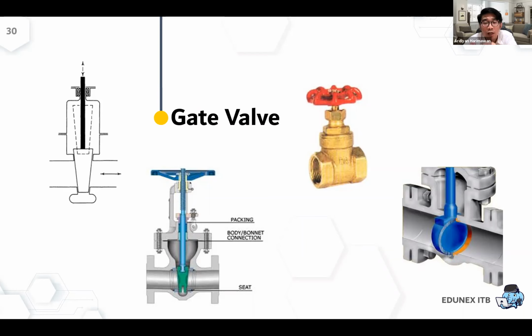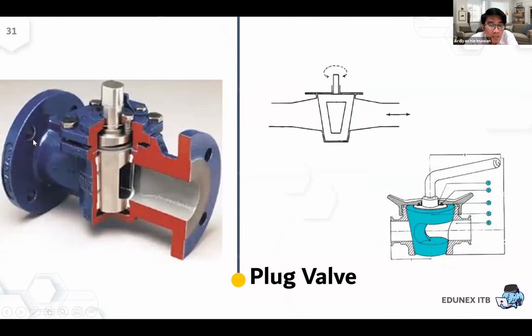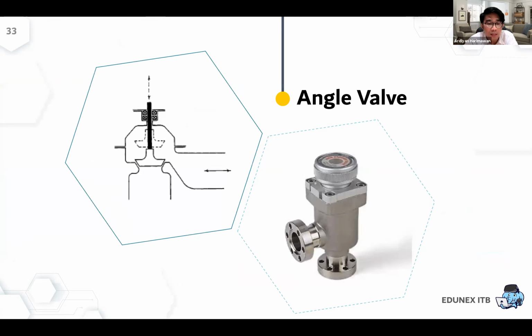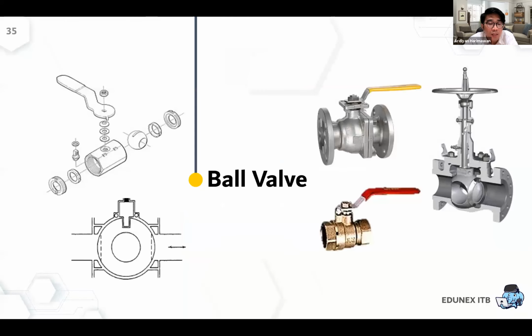So you can manipulate the flow rate, adjusting from a smaller flow rate to a bigger flow rate, vice versa, or you can adjust whether it's flow or no flow, like open and close.